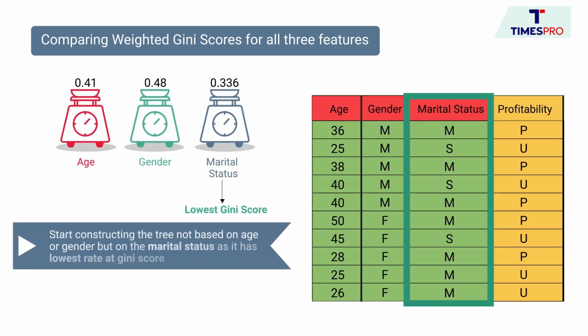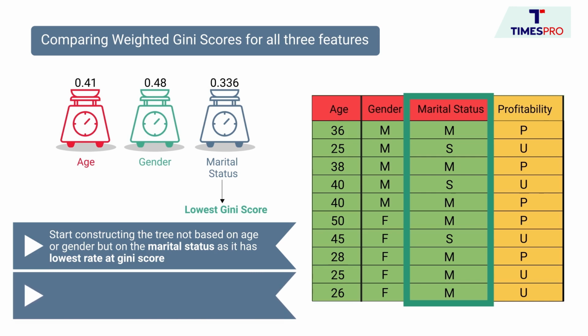Now, we start constructing the tree not based on age or gender, but on marital status, which has the lowest Gini score. Which means that if we construct the tree based on marital status first, we are assured to get the best possible tree.